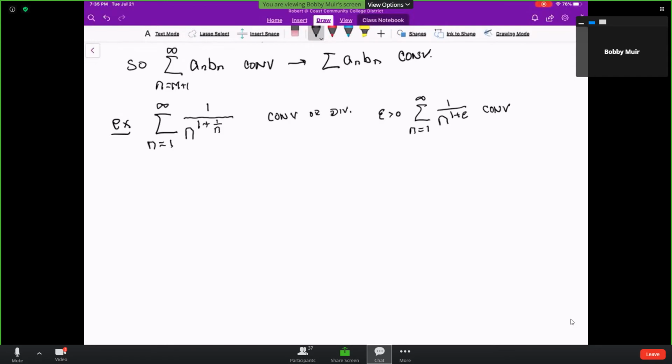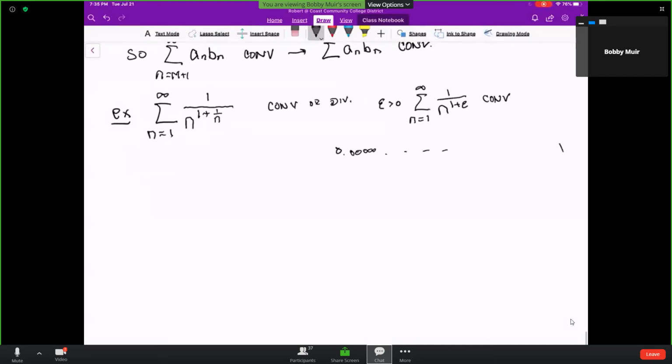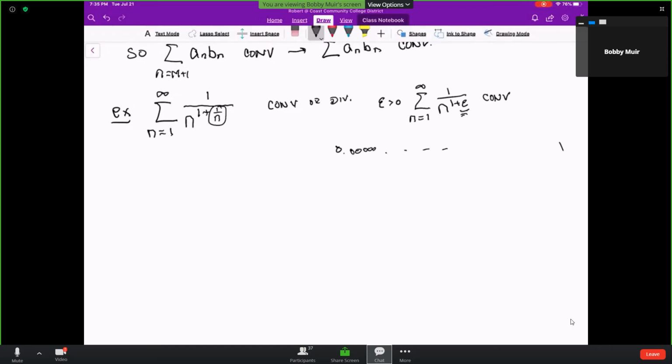I wrote that down yesterday. And I even did one, epsilon is 0.00001. Converges. Okay, well, the thing here is epsilon is a fixed positive number. This 1 over n right here, that's going to go to 0.